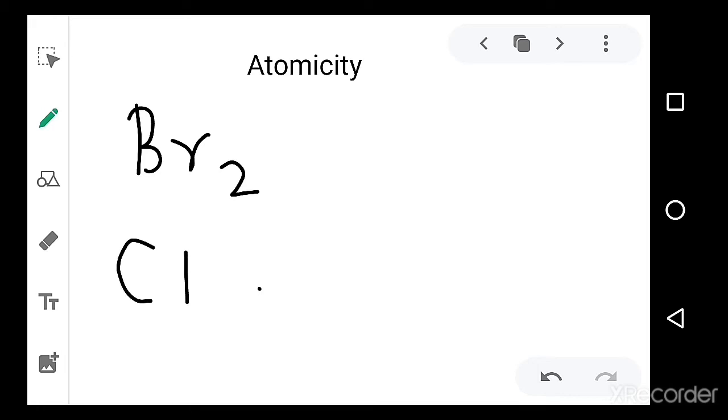Chlorine, Cl2, so atomicity 2. Helium, 1. For 1 we are not going to write any number. Next, hydrogen, atomicity is 2, so we write 2 as a subscript.